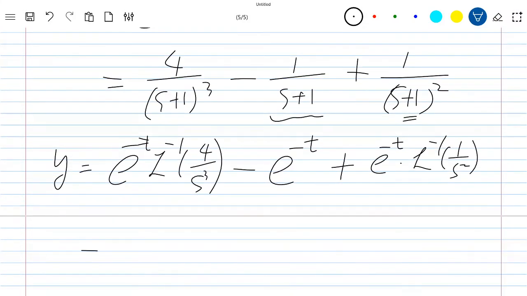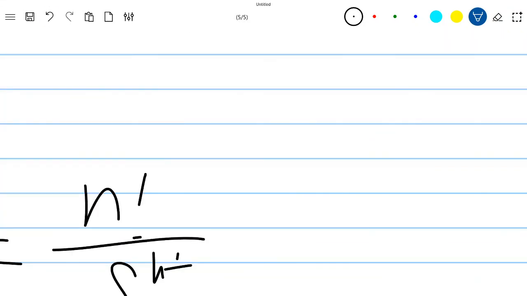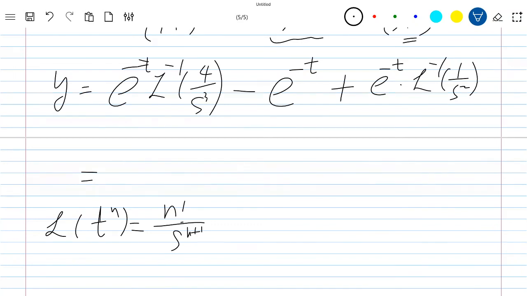And what is this? Well, if you remember, we have that the transform of t to the n equals n factorial over s to the n plus 1, right? So this means it's negative t, and that's 2t squared, right?